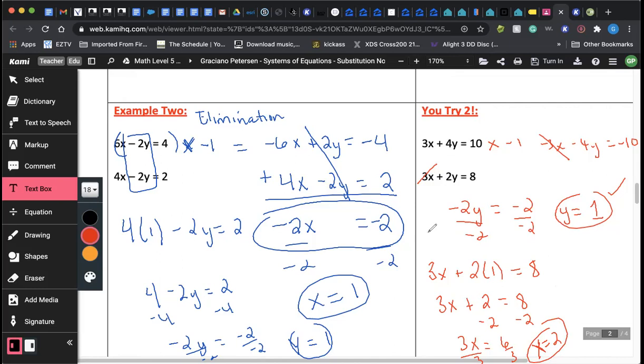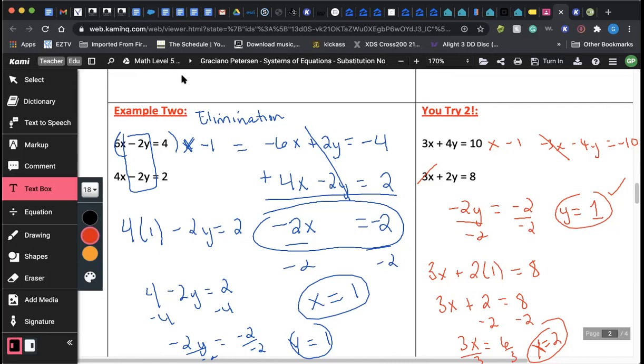I think elimination just works easier. It's better than trying to substitute sometimes because you're working with too many numbers when you substitute. So always try to go for elimination first if you can, and then use substitution for those that are not obvious and not easy enough to manipulate.